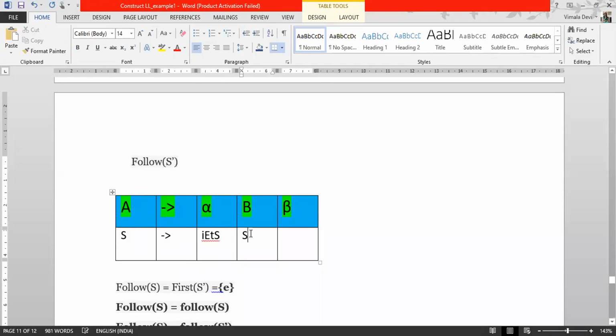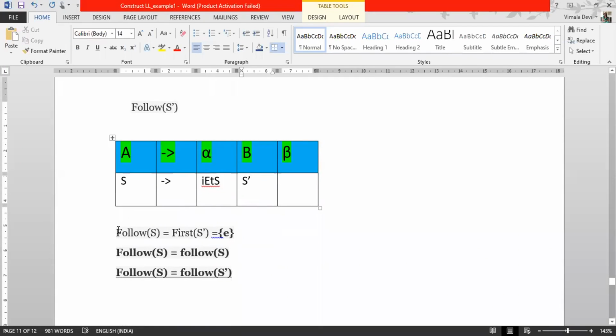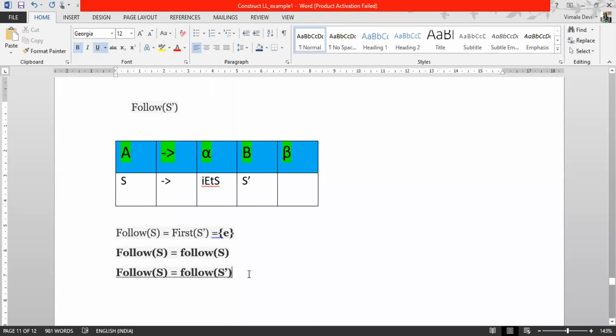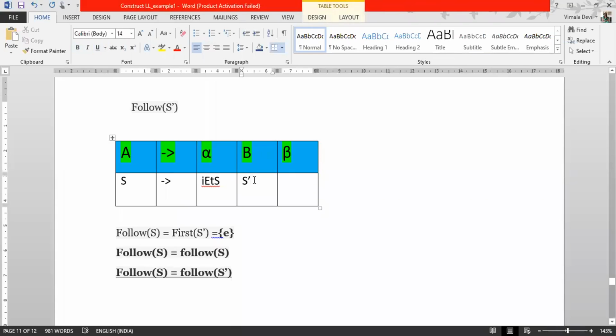Everything becomes alpha and S' should be matched with B in your rule, right? So if this is the rule, how do I compute? Follow of S' is equal to follow of S. That is what the rule says, right? Because after S', there is no symbols following it. So when there is no symbol following it, you have to go for the third rule. So follow of S' is equal to follow of S.